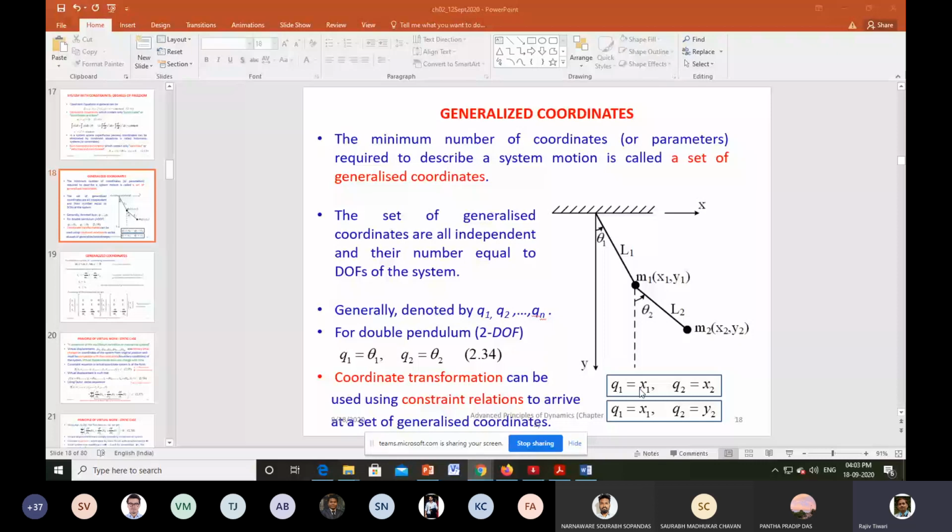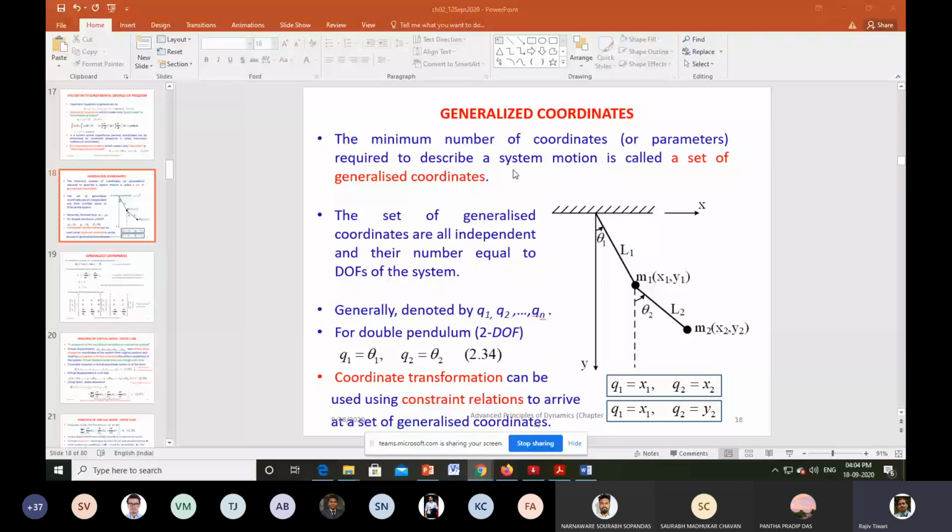So the set of generalized coordinates is the minimum number of coordinates or parameters, not necessarily always the coordinates of the system, that is required to describe the system motion.